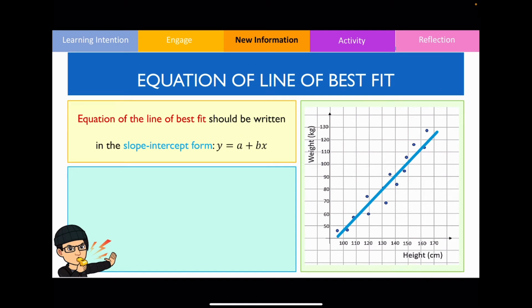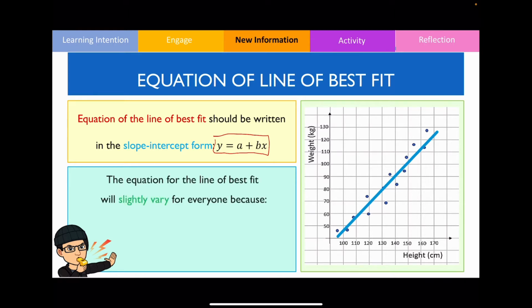By now, you should already know that the equation of a straight line can be represented in the slope-intercept form, which is y equals a plus bx, where a is your y-intercept and b is your gradient. However, when everyone works out the equation for their own line of best fit, please note that everyone's answer will slightly vary for their value of a as well as their value of b.